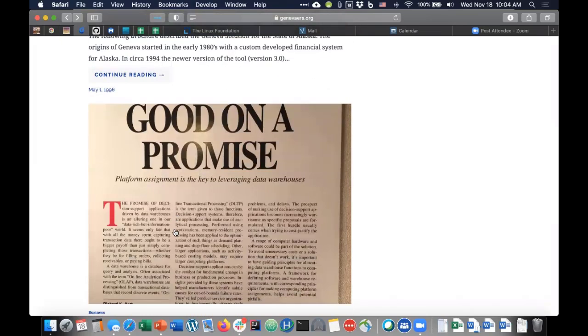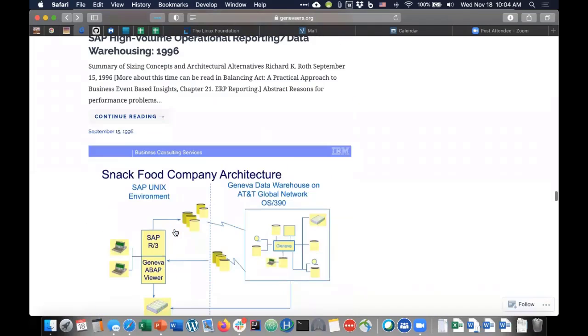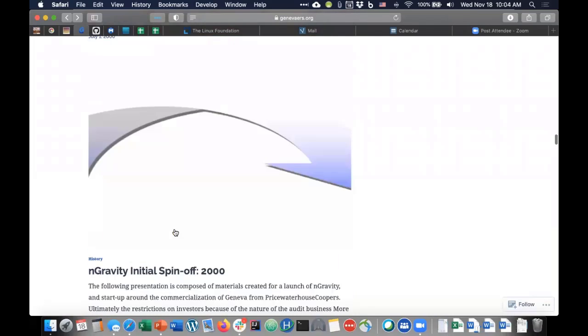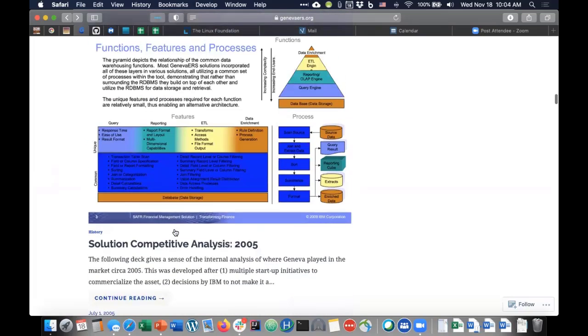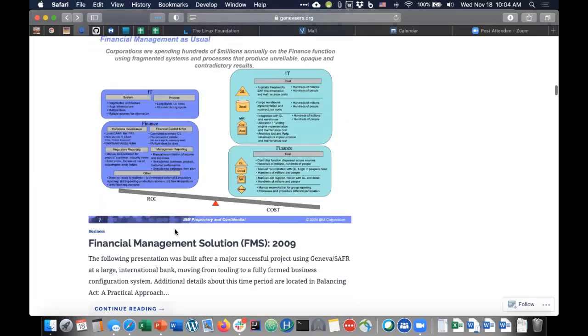Today, I thought maybe we would use one of those historical presentations just to give you an introduction to the tool. One thing that I'd like to make clear, the name GenevaERS, the product started as that in 1992. When it came into IBM for a little while, we changed the name to Scalable Architecture for Financial Reporting, SAFR.